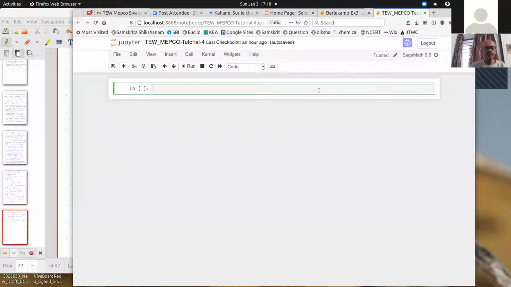So first of all, we have to define the polynomial ring we are working on. So that is written in this fashion. Let me write this: polynomial ring, GF3.